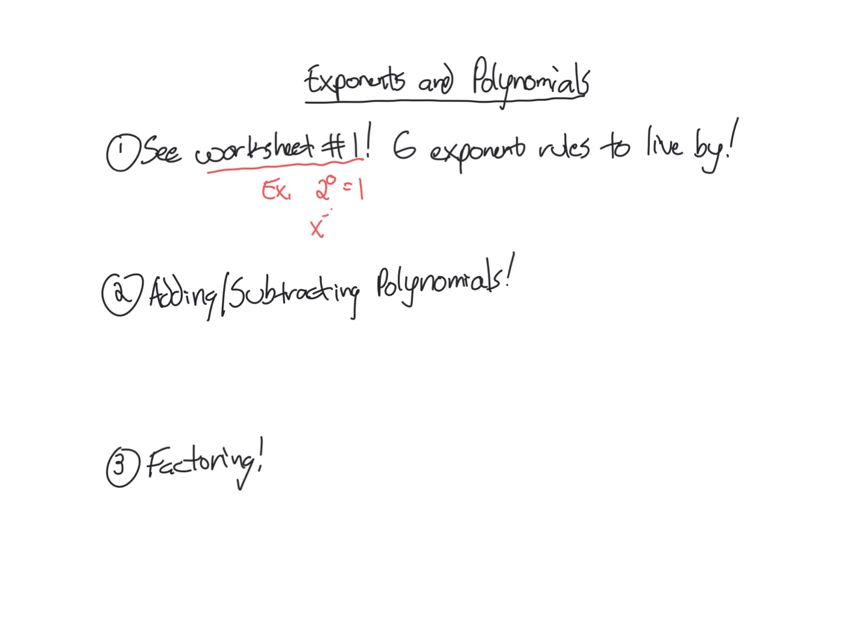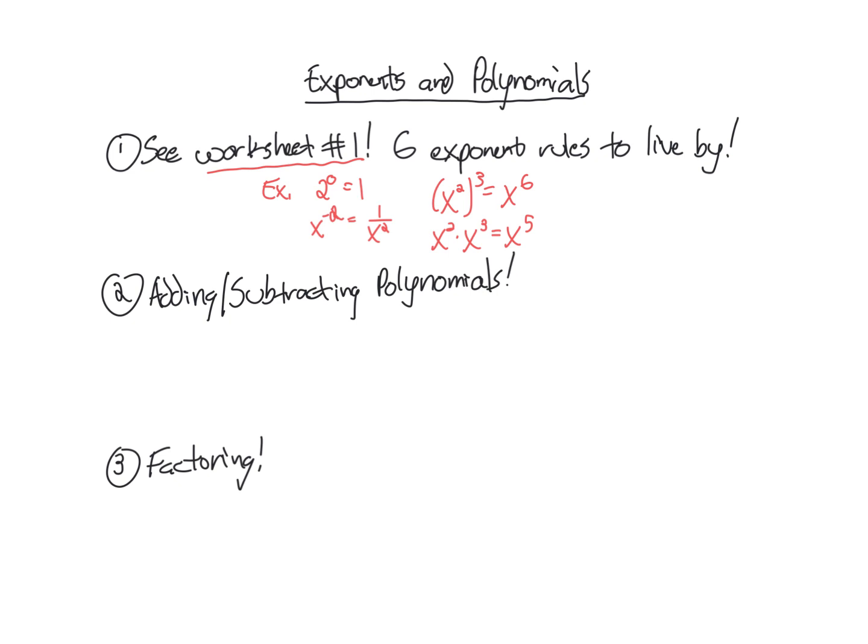Anytime we have negative exponents, like x to the negative 2, we want to rewrite that as 1 over x squared. If you have x squared to the third, we multiply and you get x to the sixth. If you're multiplying terms with the same base, x squared times x cubed, you get x to the fifth.